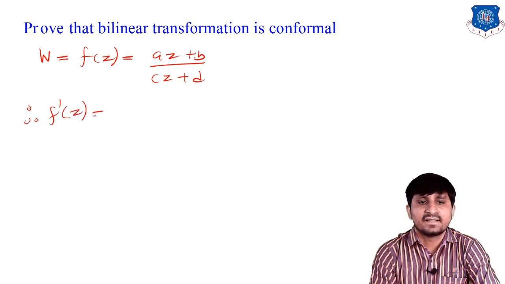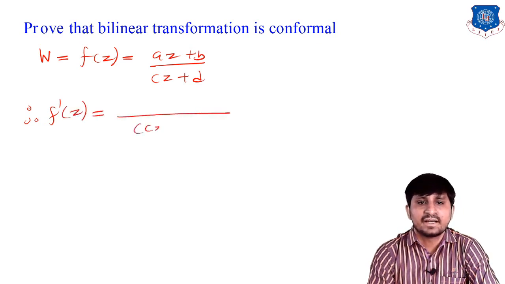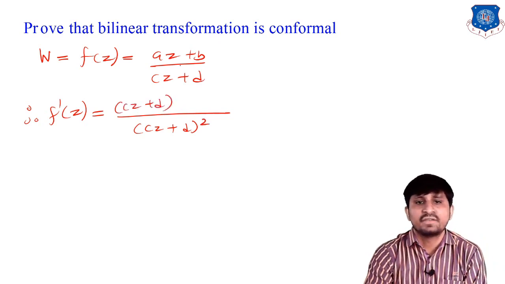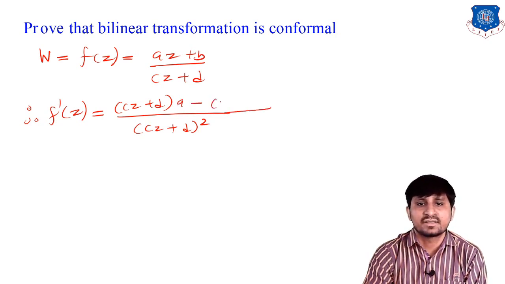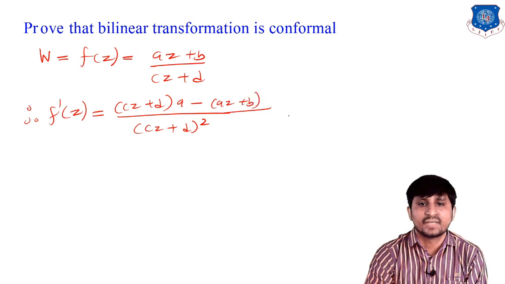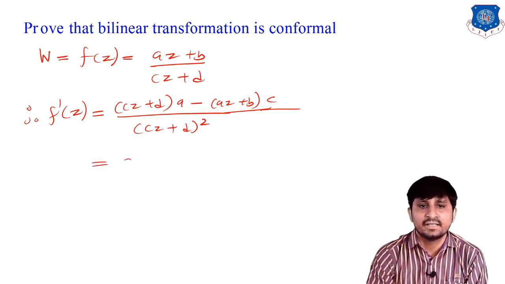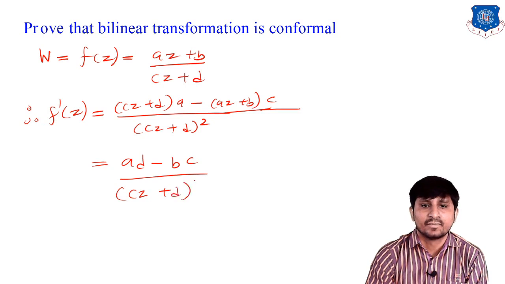F dash Z is equal to (CZ plus D) as it is, into the differentiation of (AZ plus B), that is A, minus (AZ plus B) as it is, into the differentiation of (CZ plus D), that is C, all upon (CZ plus D) whole square. That equals (ACZ plus AD minus ACZ minus BC) upon (CZ plus D) whole square, which is (AD minus BC) upon (CZ plus D) whole square.